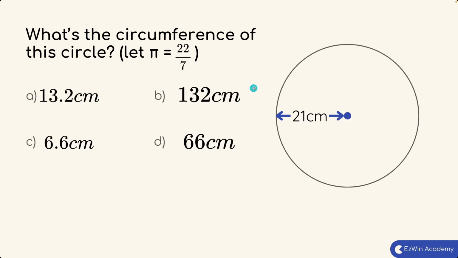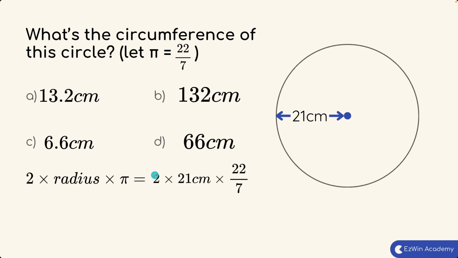So let's move on to the next question. We have a radius of 21 centimeters. What is the circumference of the circle where pi is equal to 22 over 7? You can pause this video to do your working, and once you are done, you can find out whether your answer is correct. So let's go through the answer. The equation for the circumference of this circle is, since we know the radius, 2 times radius times pi. So the radius over here is 21 centimeters.